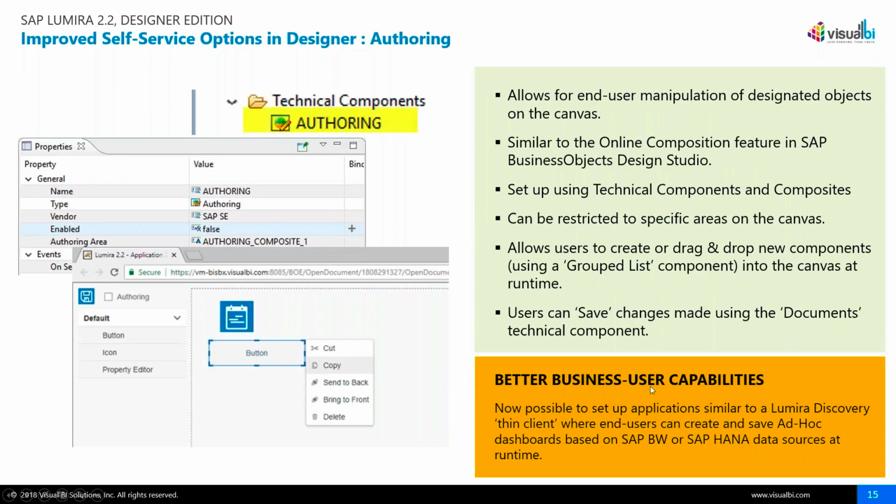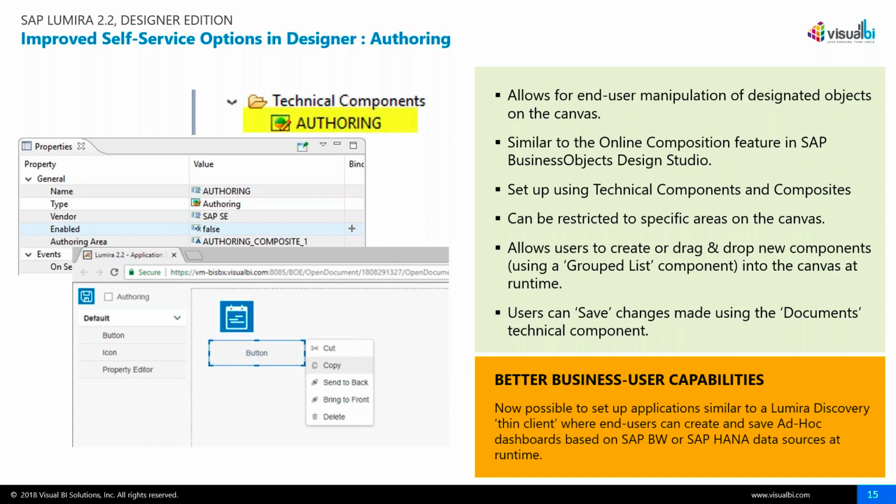Now, coming down to the actual features themselves, if there was just one feature that I could highlight in the latest version of Designer, it would be authoring. Now, this newest option from SAP gives developers the option of creating applications with areas that end users can modify at runtime.